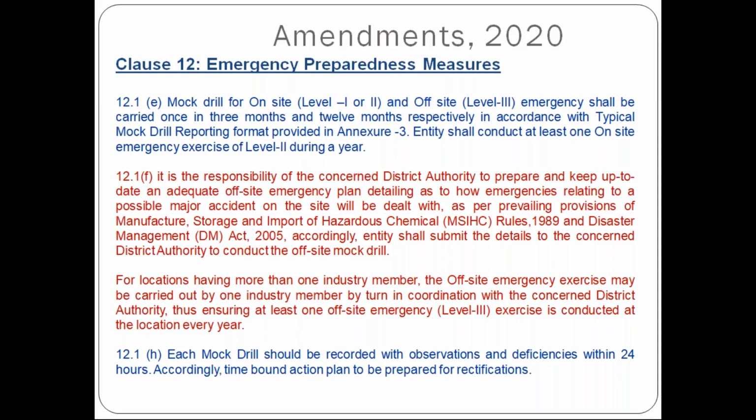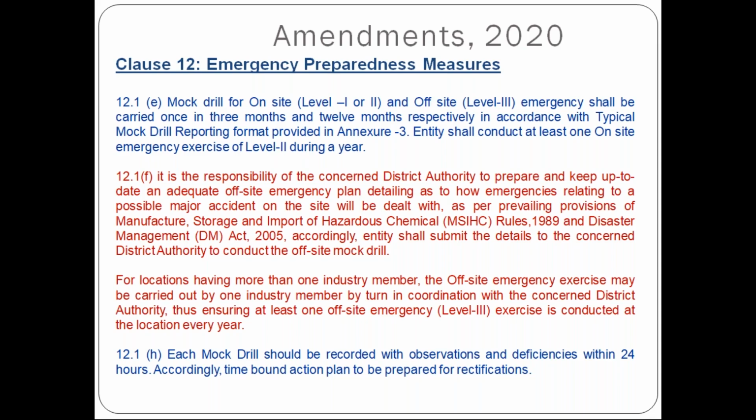And an offsite drill is conducted in consultation with authorities and the relevant stakeholders once in a year. So these are the requirements by the regulations. And the drill findings, or the learning from these drills, there are standard templates and formats available as a part of regulations. These should be filled and submitted to the authority on a quarterly, periodic basis.